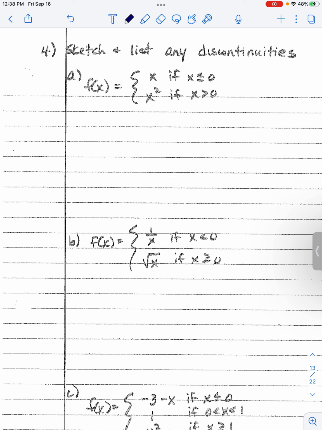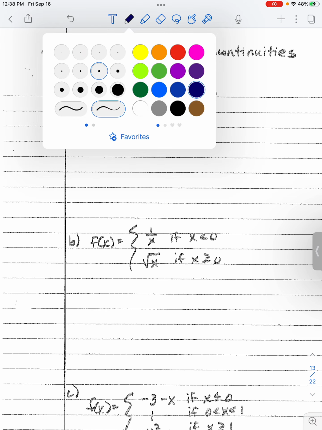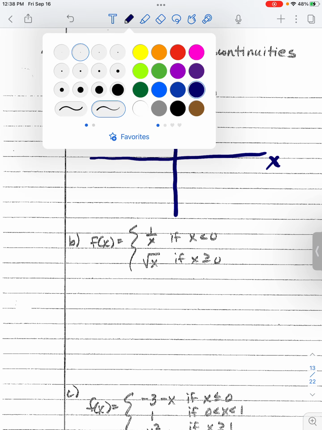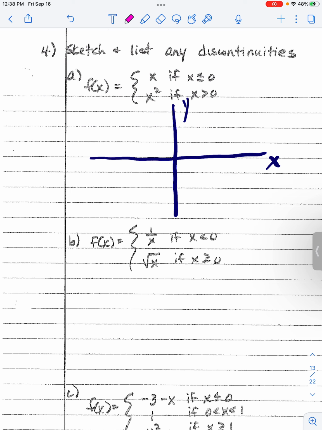Let me make it a little thicker. Okay. So the way this works, notice it says f of x equals x if x is less than or equal to 0.